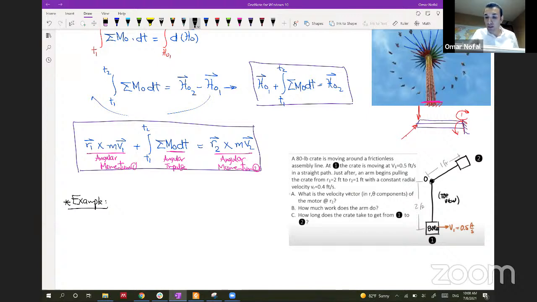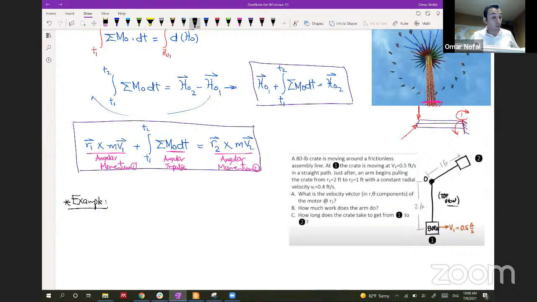We have a frictionless assembly here at point O, and it is moving about this assembly, and make sure you notice it says top view here. When we say top view, you have this assembly on the table and all of this on the table. So it is not vertical like this, it's something like that. So we are working on this plane, not this plane.